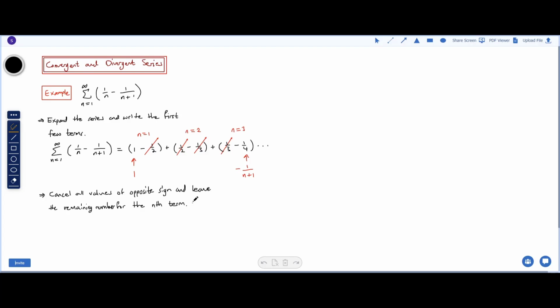Right. So you can use the remaining values to create an nth partial sum.